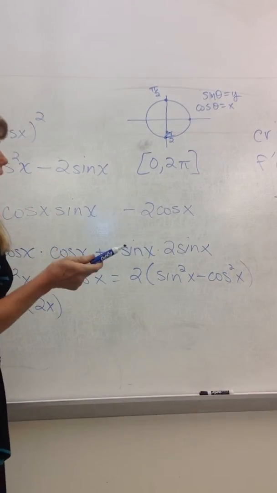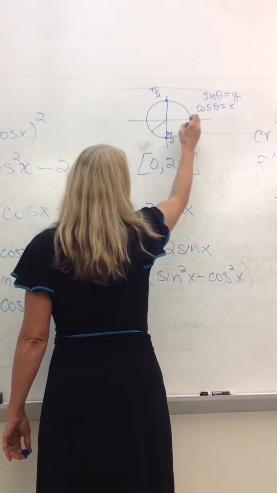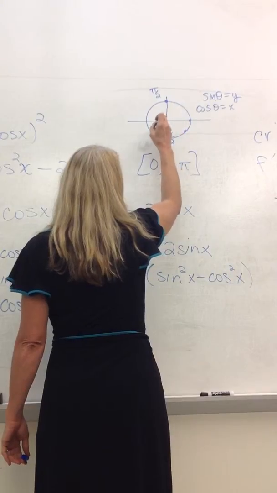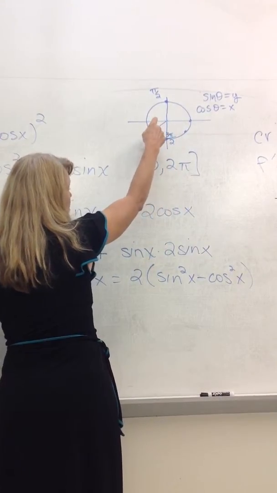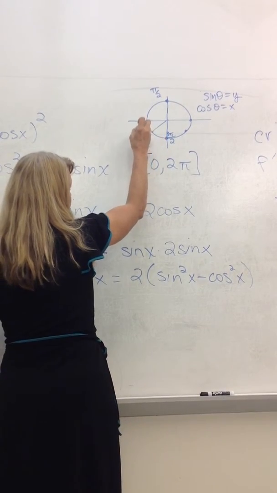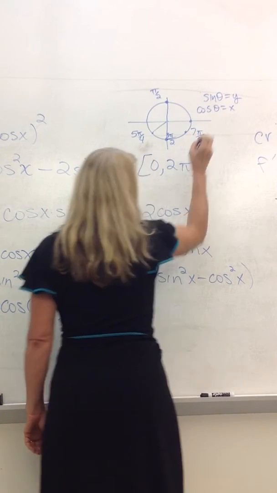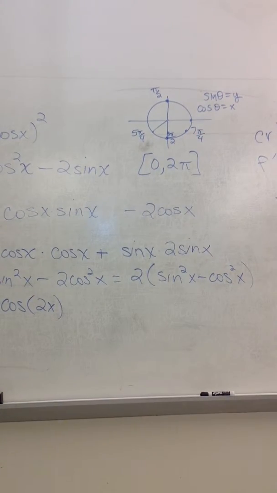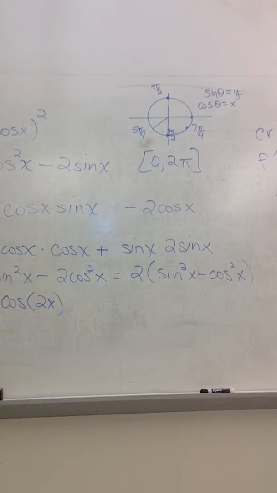And then sine is -1 down in quadrant 3 or in quadrant 4, and it's -1 at the 45 degree. So down here it'd be 225, so that's 5 pi over 4, and then 7 pi over 4 in quadrant 4. Okay, so those are my 4 critical values.